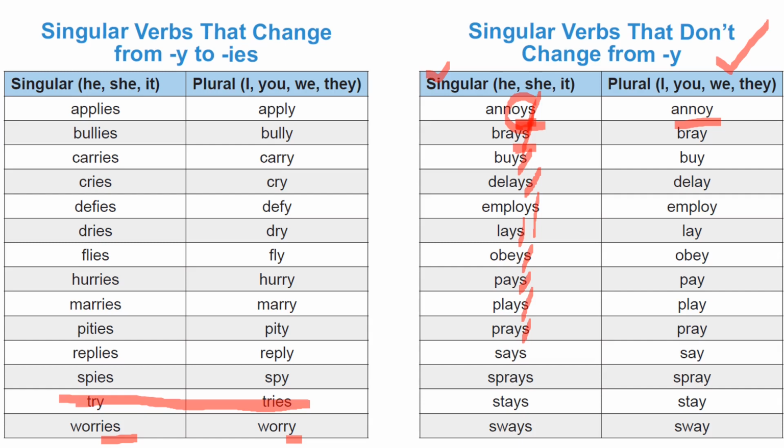Says, remove s, it becomes say. Sprays, remove s, it becomes spray. Stays, remove s, it becomes stay. And sways, remove s, it becomes sway. So we are creating the plural forms by simply removing the s from the end.